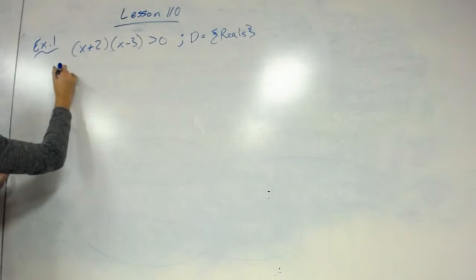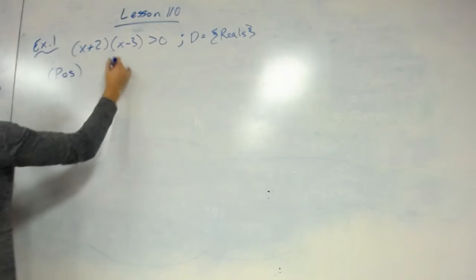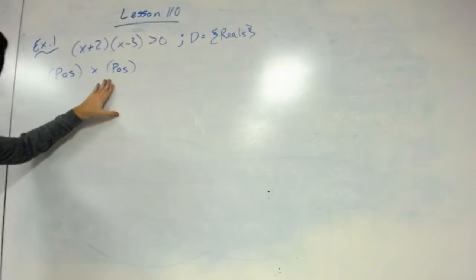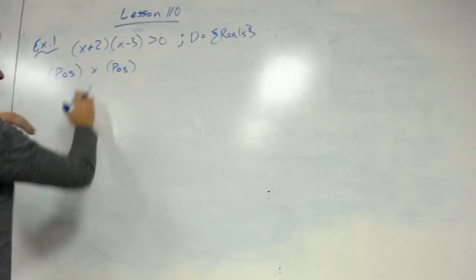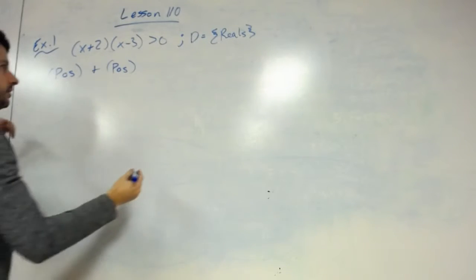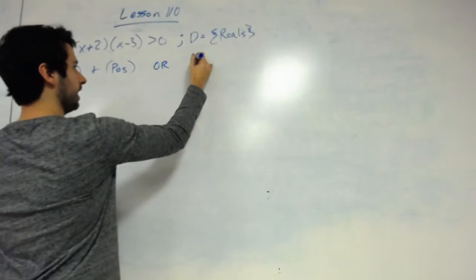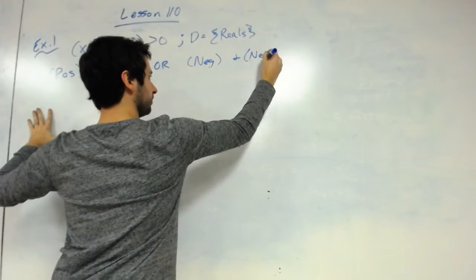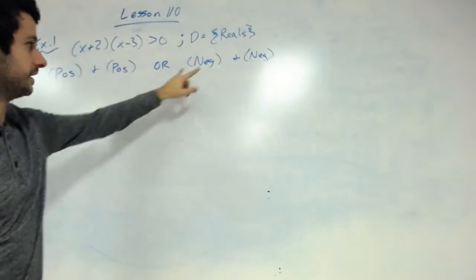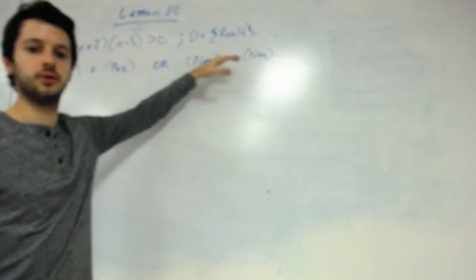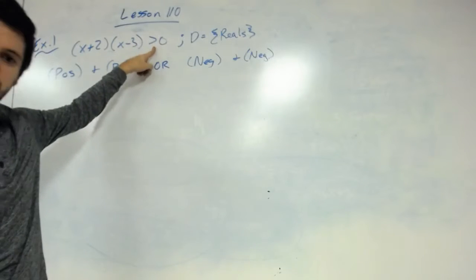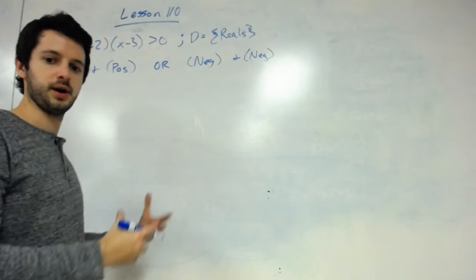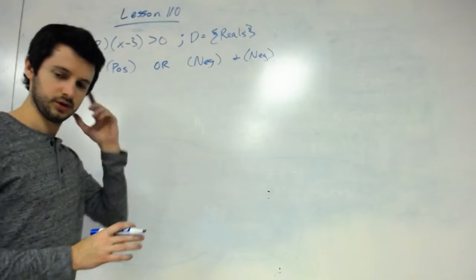You can have a positive times a positive, or you can have a negative and a negative, because a negative times a negative would equal a positive. Since we're trying to be greater than 0, we need overall a positive number. So hopefully you caught on there.